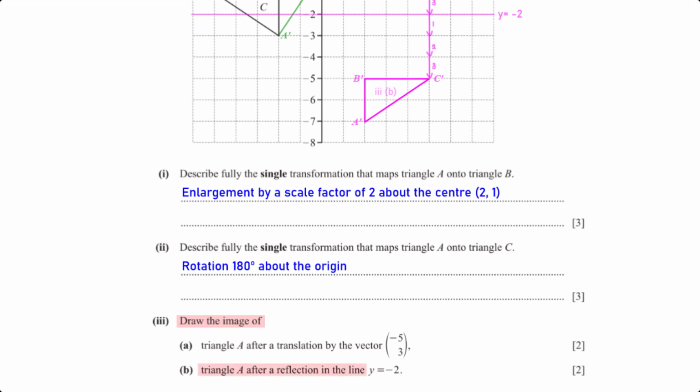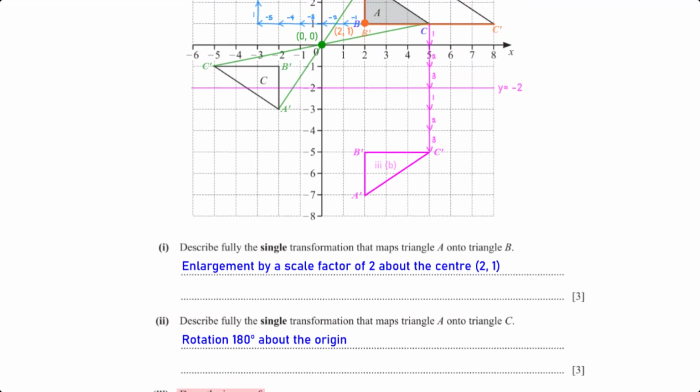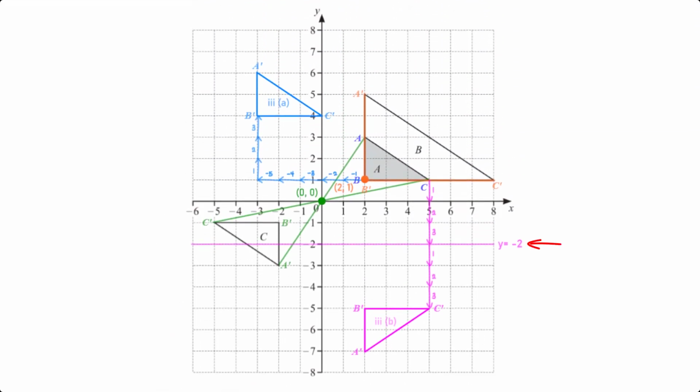Draw the image of triangle A after a reflection in the line y equals -2. First, we need to draw the line of reflection, which is y equals -2. Then we need to reflect each vertex on triangle A in the line y equals -2.